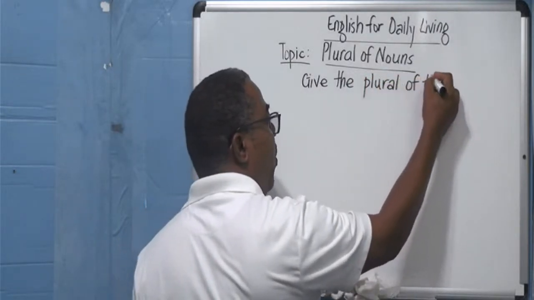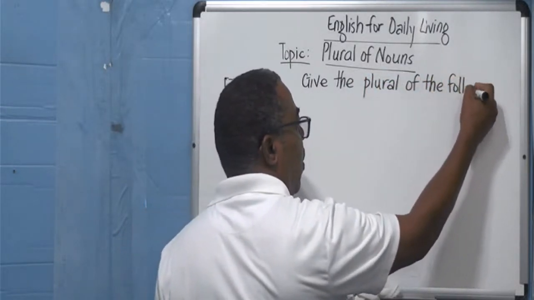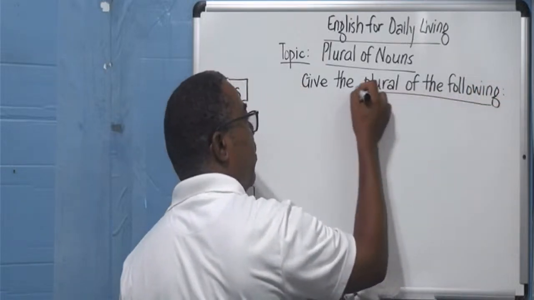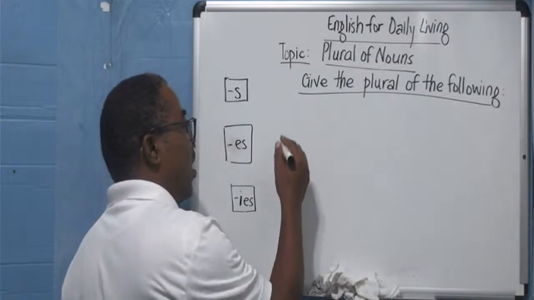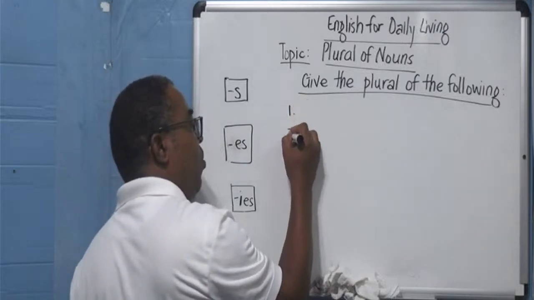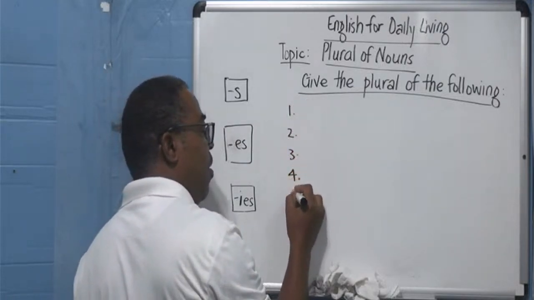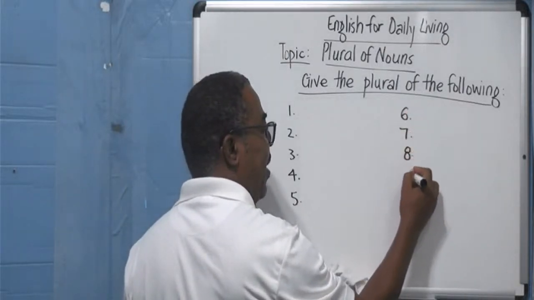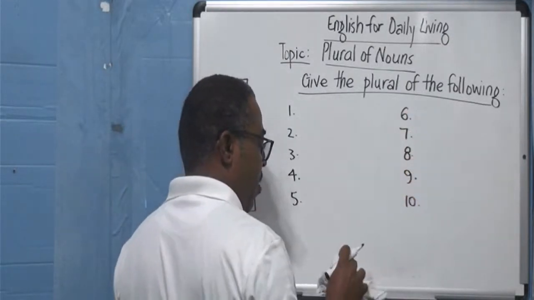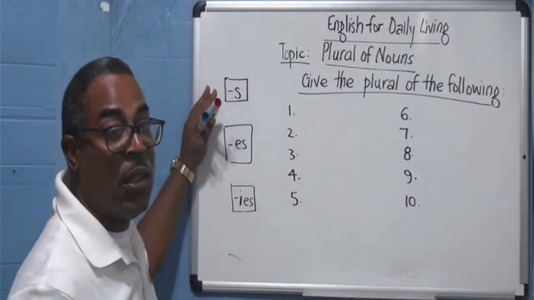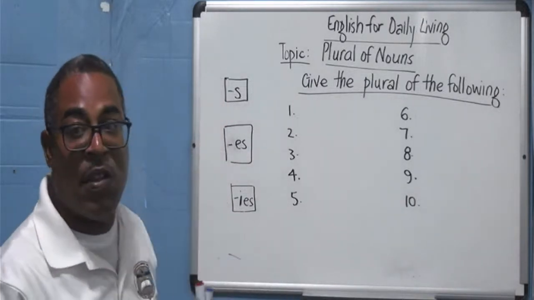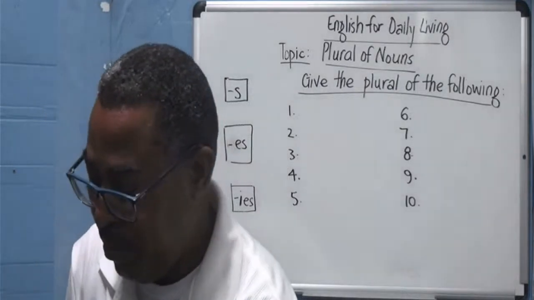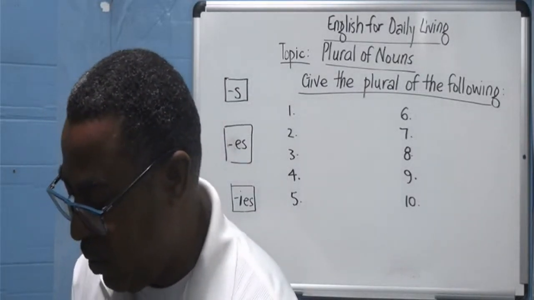I'm going to give you 10 of them to do. 1, 2, 3, 4, 5, 6, 7, 8, 9, 10. Okay, and then I'm going to take them from each of the categories that I have discussed. So let's see.